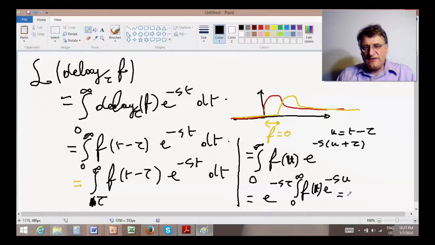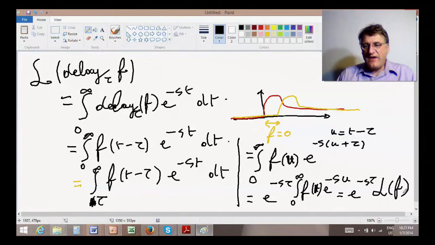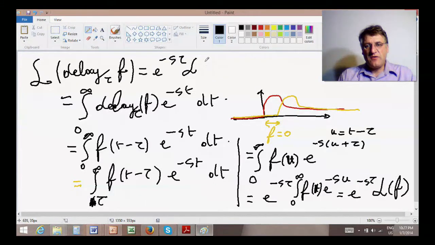And so it is e to the minus s tau times the Laplace transform of f. Okay, so we end up with the statement that this must be equal to e to the minus s tau times the Laplace transform of f.